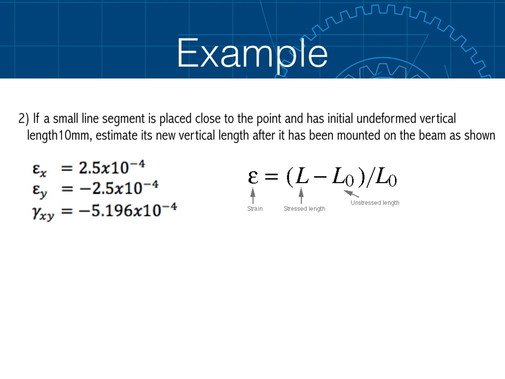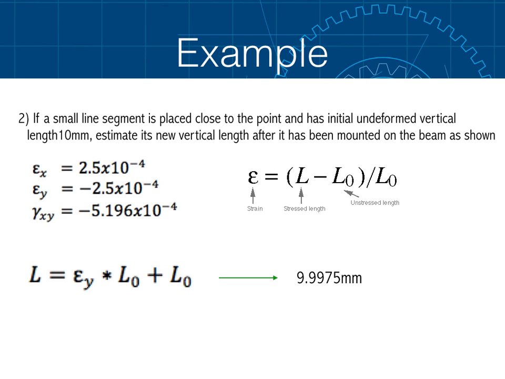We can use this equation as well as the known value of strain in the vertical direction, or the y, to calculate the final length. By reworking the positions of the different values with algebra, we can now obtain a value for the final length of the segment.